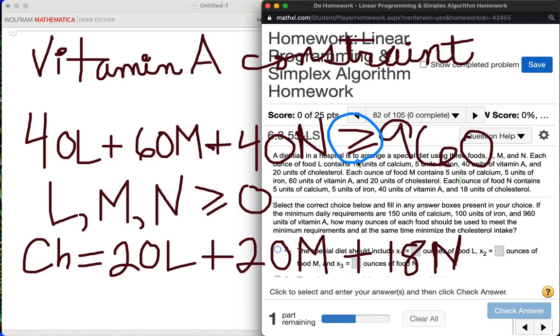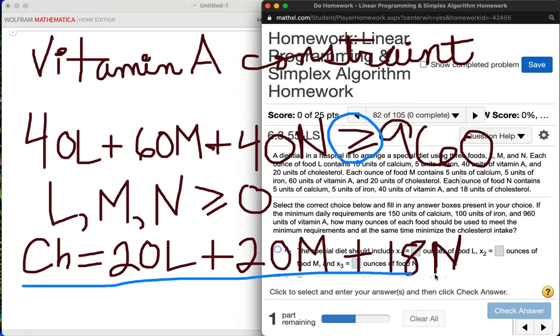In a standard minimization problem in linear programming, all of the constraints are greater than or equal to constraints, but you're still trying to minimize your objective function.